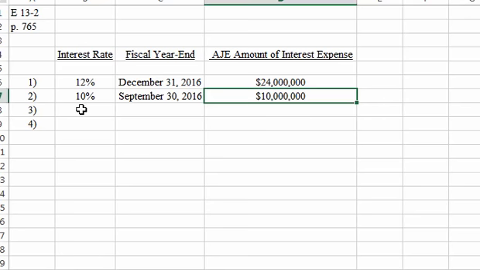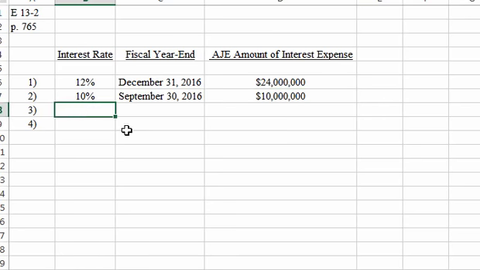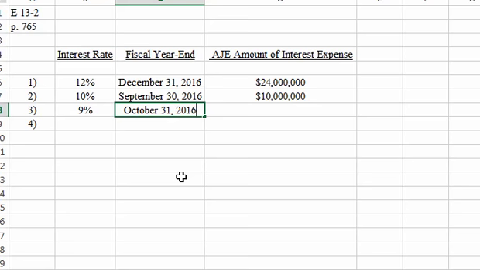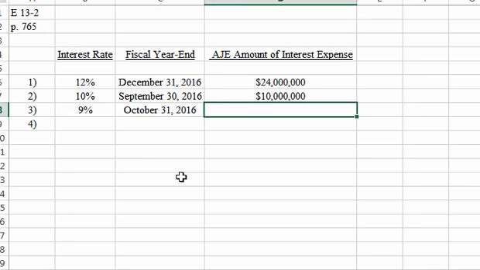Okay, then on situation 3, the interest rate is 9%. The year-end date is October 31st, 2016, or Halloween. So this one's going to be equal to our 400 million times our interest rate times the period of time covered by the note.